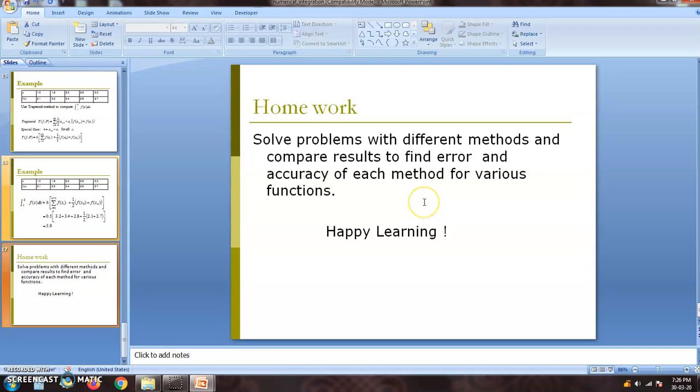I expect that you have understood these two methods and you will try solving all the problems which are given in this presentation. Happy learning!